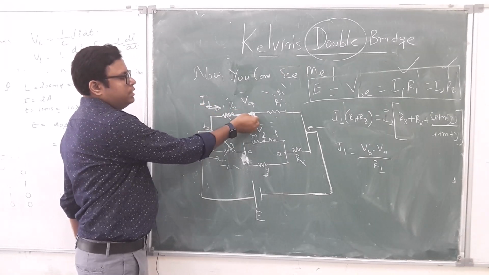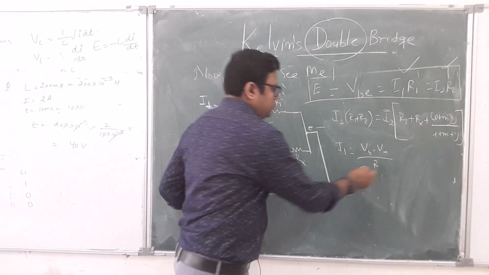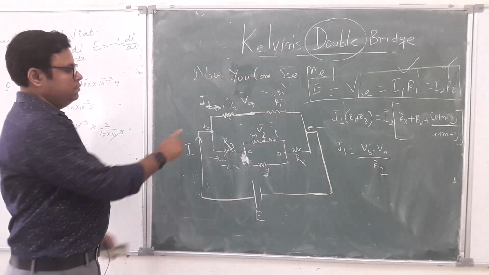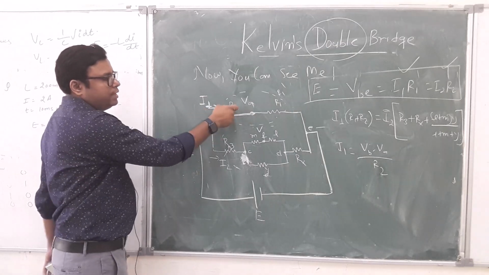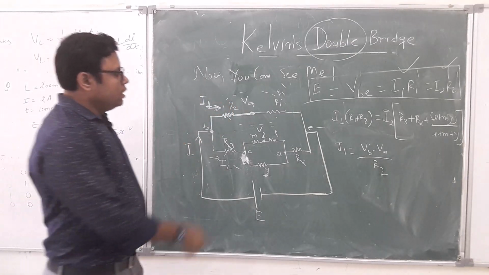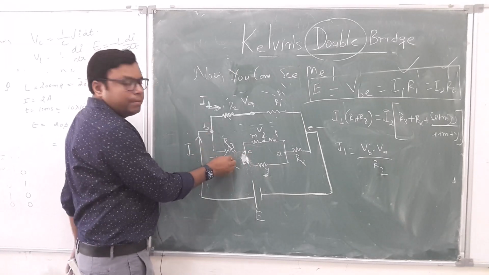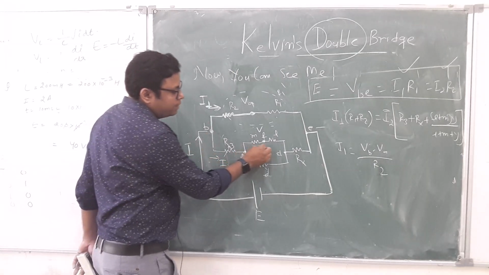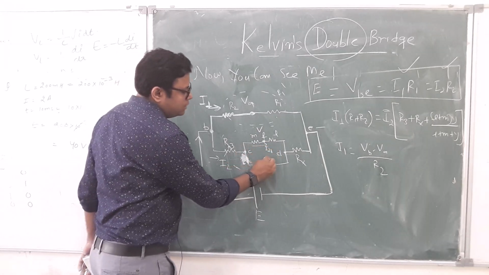I1 is VB minus VA by, sorry, R2. VB minus VA. I have to replace I2. So I2 will be VB minus VA by R2. Now what will be the I2? I2 is coming here, but it is dividing. So I am saying this is I21 and this is I22.